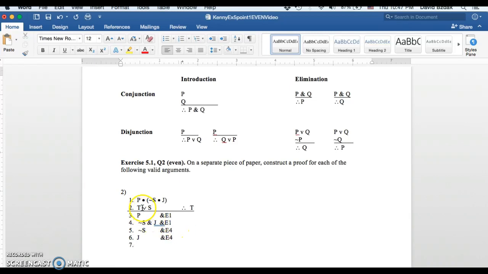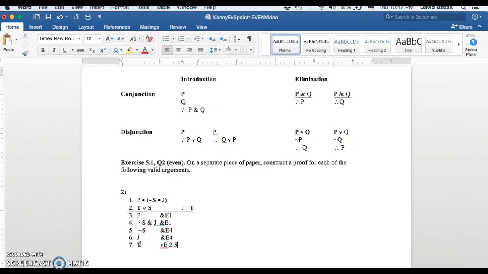Okay, so now we want to get T. Remember, I was saying that to do this disjunction elimination, we need 2 inputs. We need a disjunction and the negation of one of the disjuncts. Now we've got that. We've got a disjunction here, T or S. We've got the negation of one of the disjuncts here, not S.